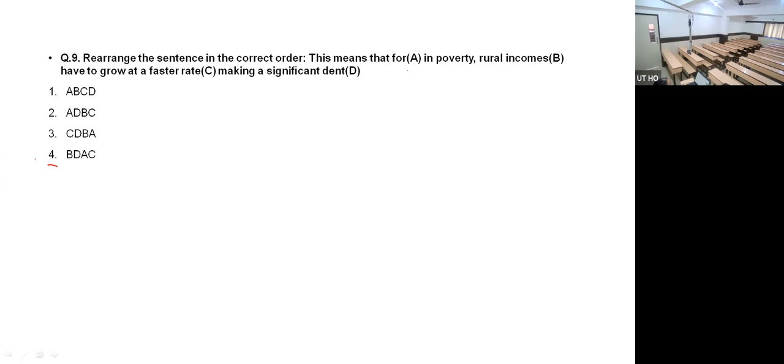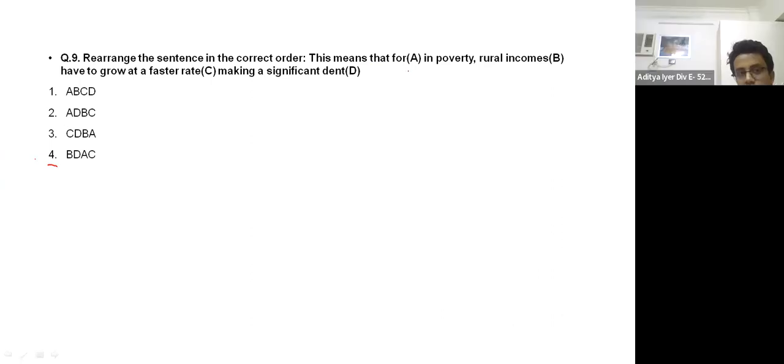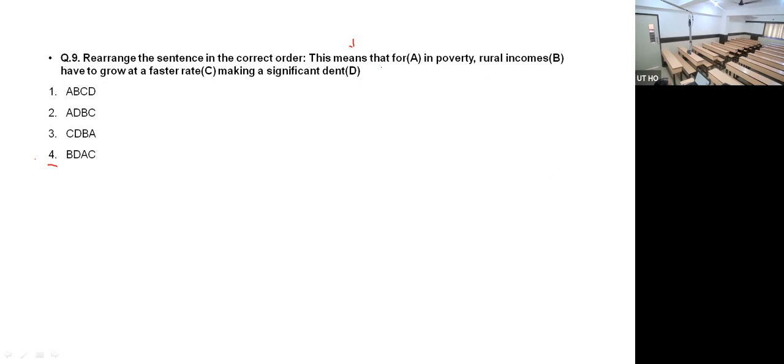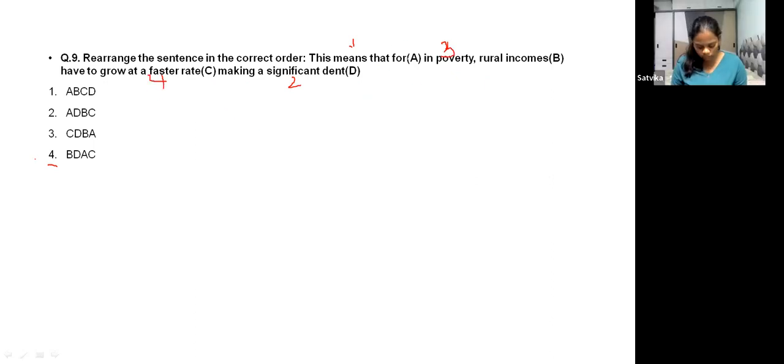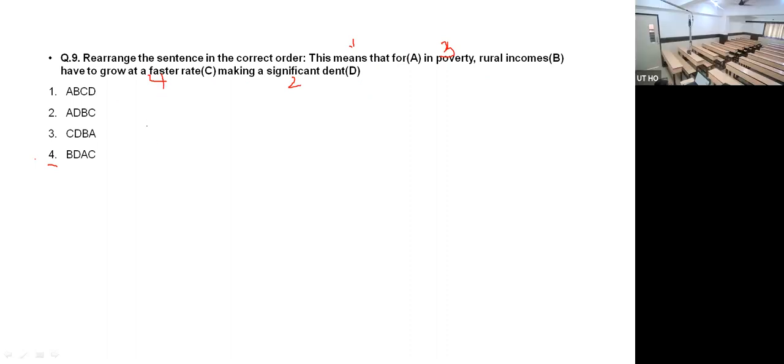This means that, I think it's option 2. ADB. This means that A can come in first, then B can come in second, for making a dent into what in poverty. So this would be 3 and this would be 4. Yeah, so we have A, B, C, D. Sorry, A, D, B, C.